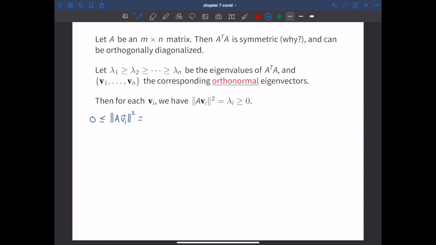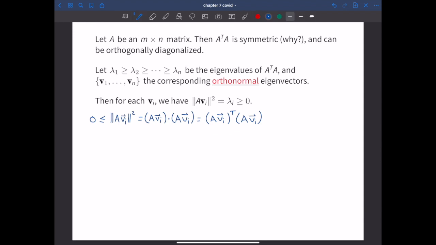Remember, the length of a vector squared is just that vector dot itself. Now, when we're doing a dot product, we can always rewrite this as matrix multiplication if we take the first piece and take the transpose. So this is equal to AVI transpose times AVI, where now this product is matrix multiplication.